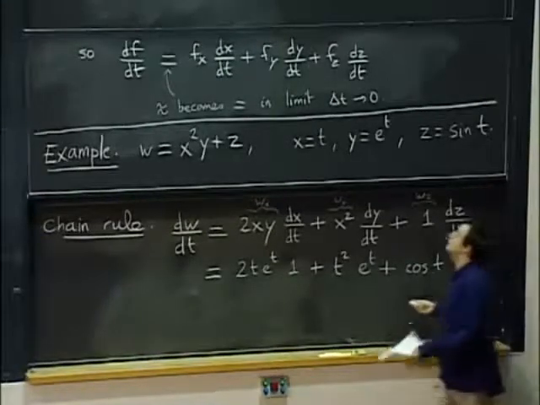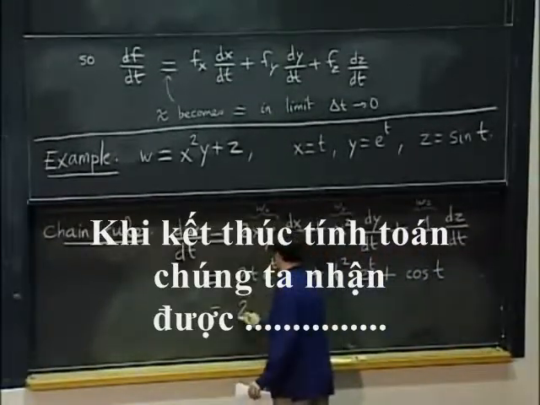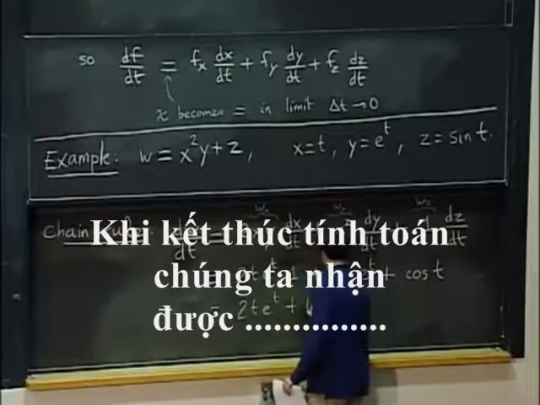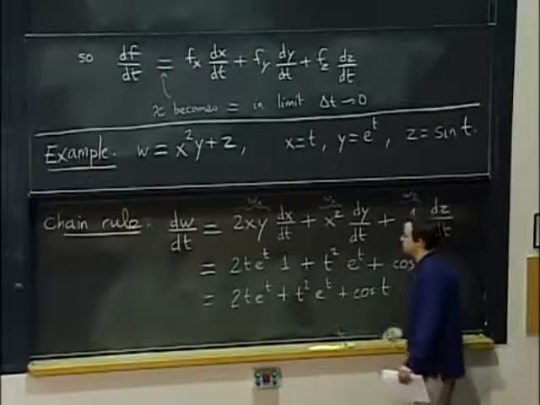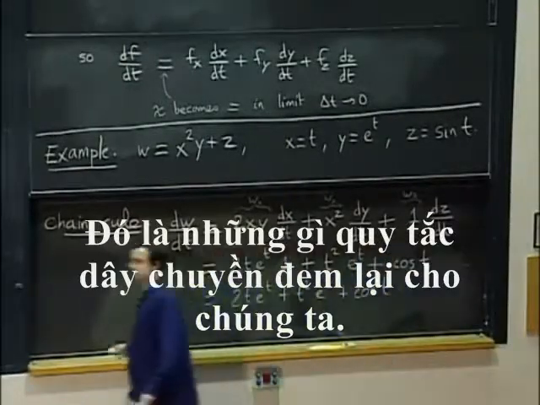So at the end of calculation we get 2t e to the t plus t squared e to the t plus cosine t. That's what the chain rule tells us.